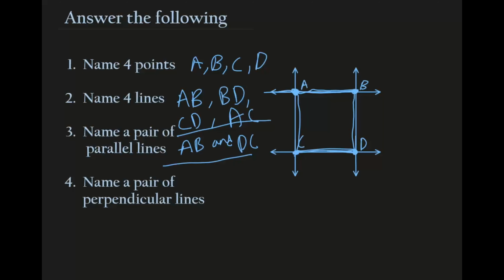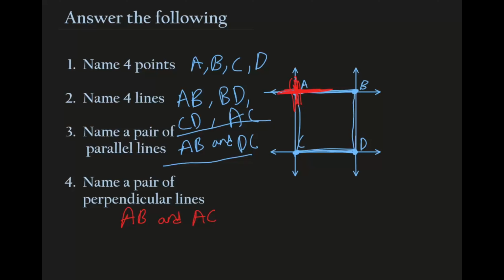I'm going to use a different color so you guys can see. So we have one right here and then one right here. So we're looking at point A. We have A to B, and we have A to C. So that means AB and AC.